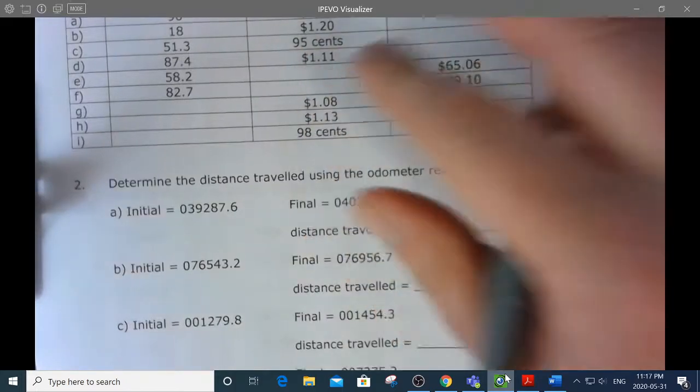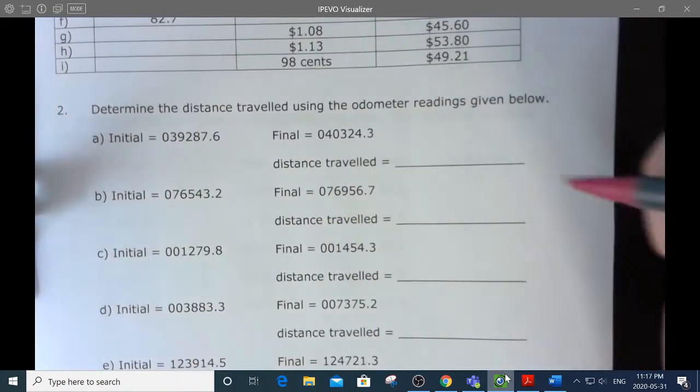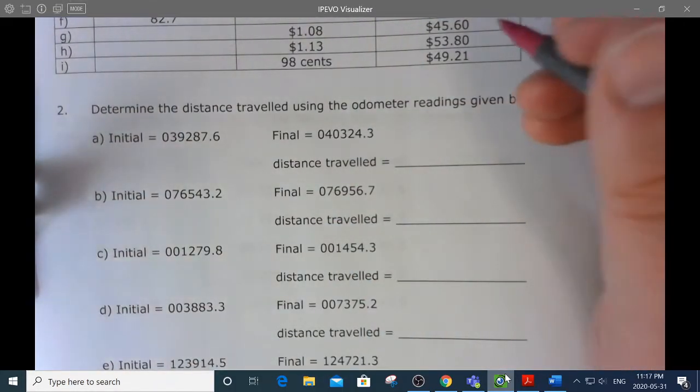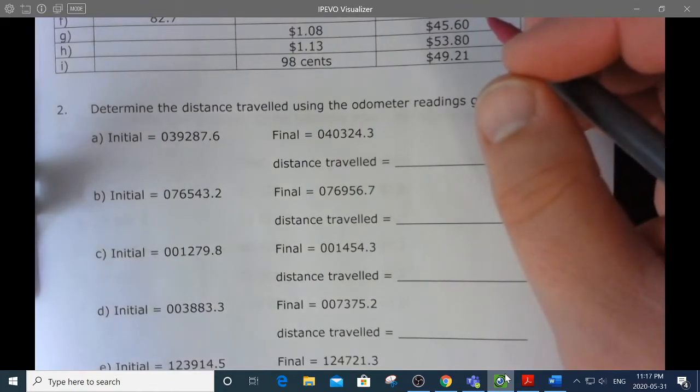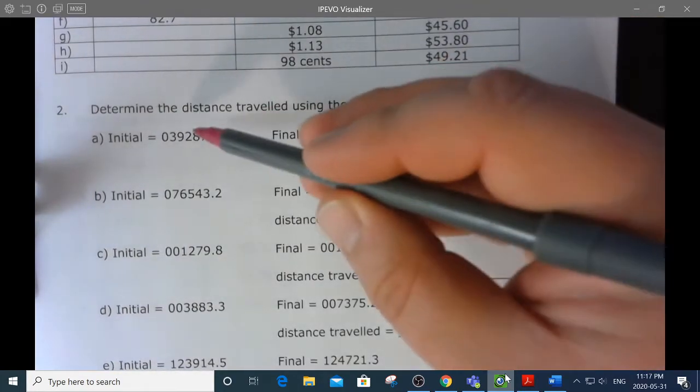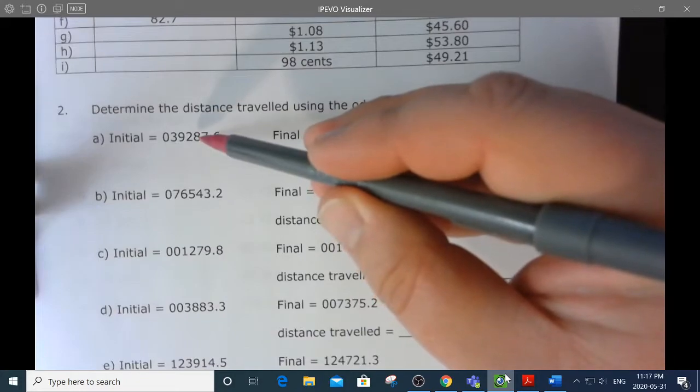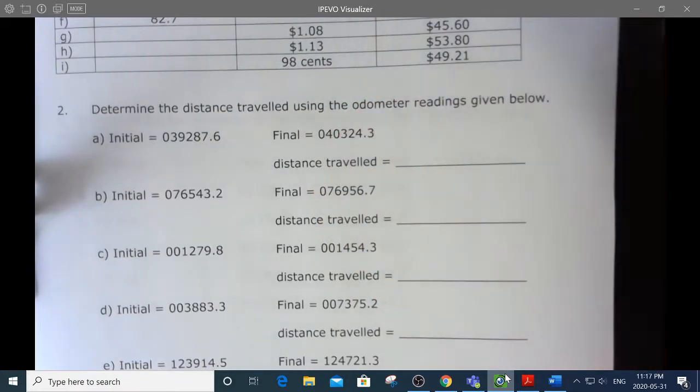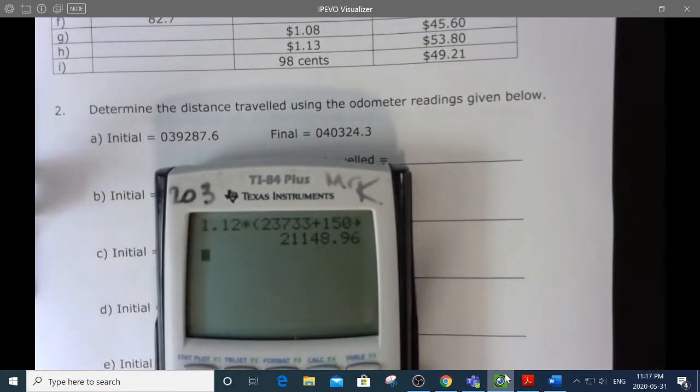Now I told you to skip number 1 and just do 2A and 2B, so let's do the key for those. So first of all, if the initial kilometer reading on the odometer is this and the final is that, I just have to subtract those.